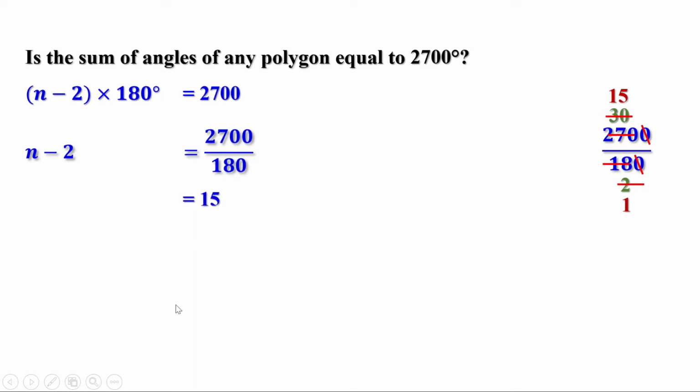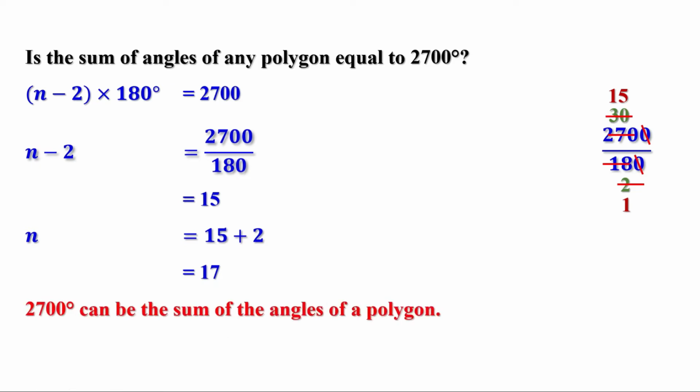Taking minus 2 to the other side, we get n equals 15 plus 2, or 17. 17 is a natural number more than 3. Therefore, we can say 2700 is the sum of the angles of a polygon. More clearly, 2700 degrees is the sum of the angles of a polygon of 17 sides.